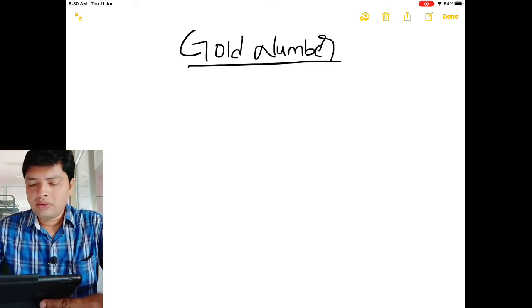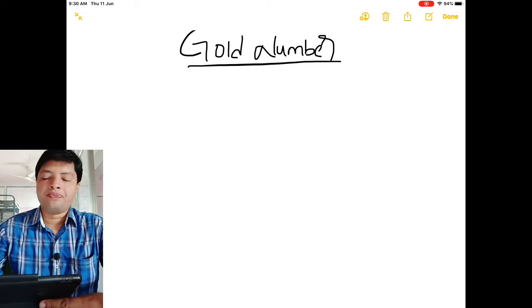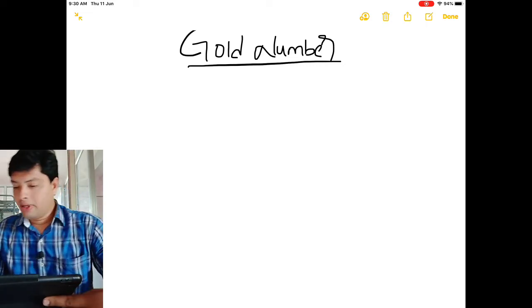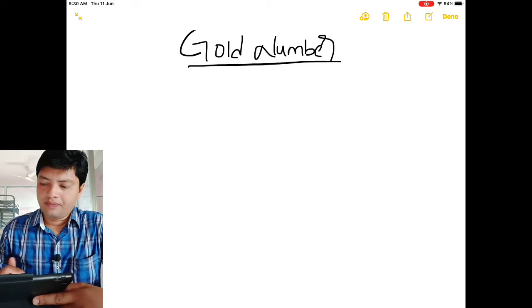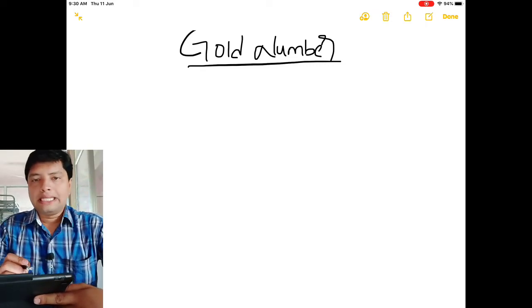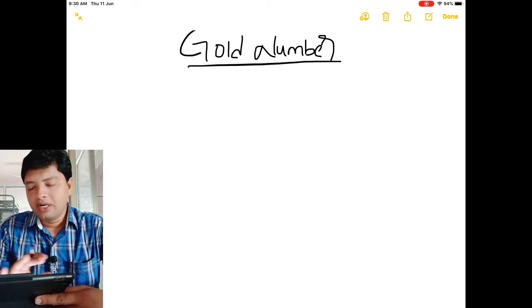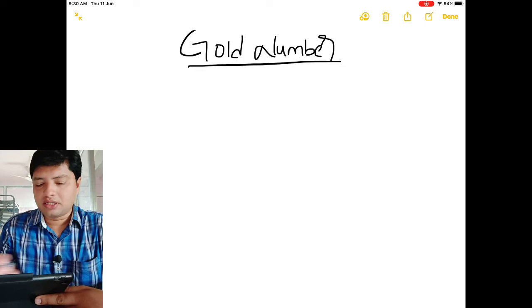So today we are going to learn about gold number. So what is gold number? Before knowing this concept, we need to know about 3 or 4 concepts. We'll learn this in 3 or 4 parts.